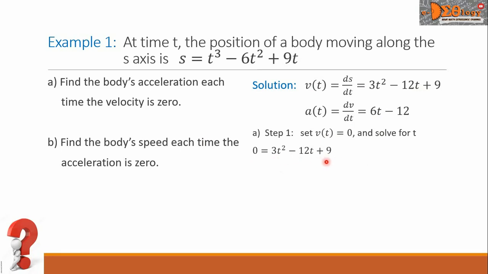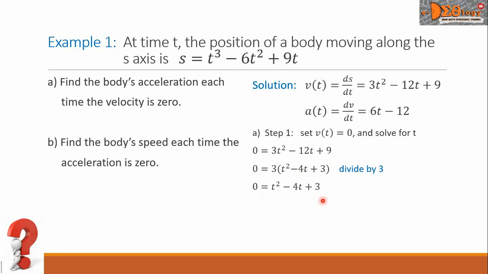We can see here that the terms on the right side have a common factor, that is 3. We can factor out the number 3, so we have 3 times the quantity t squared minus 4t plus 3. If we divide the equation by 3, this equation is simplified into 0 equals t squared minus 4t plus 3.